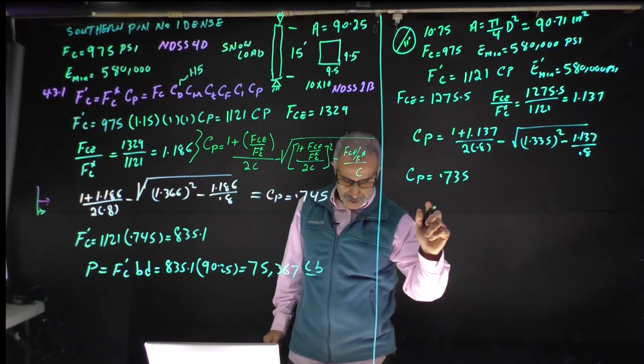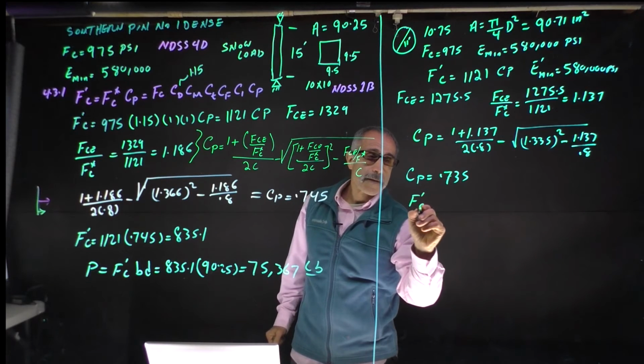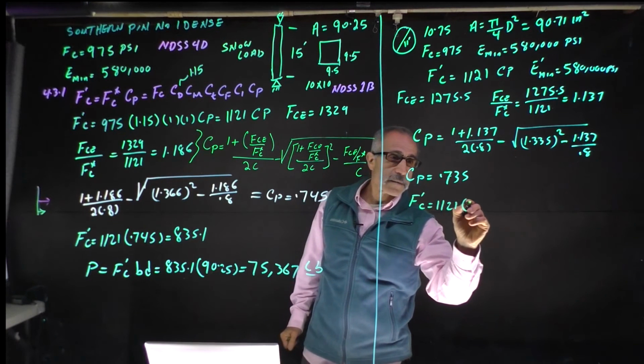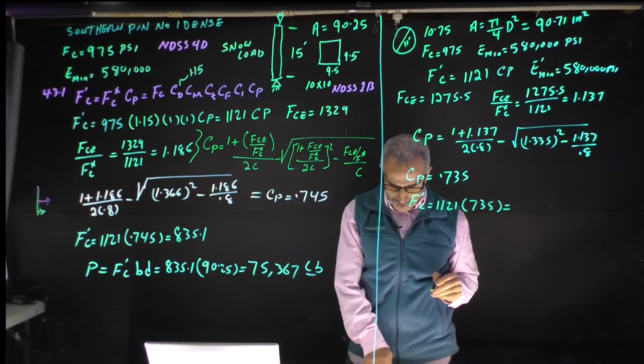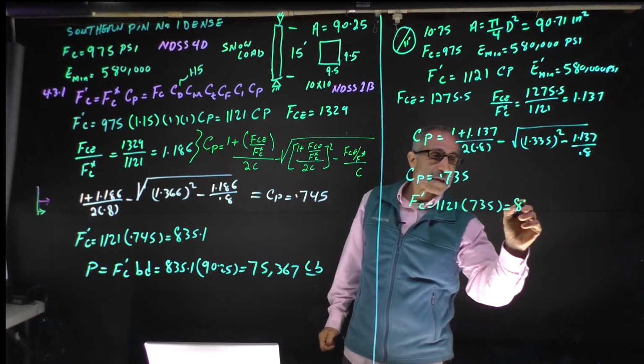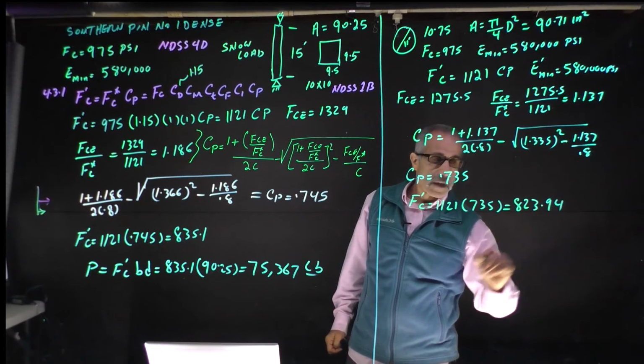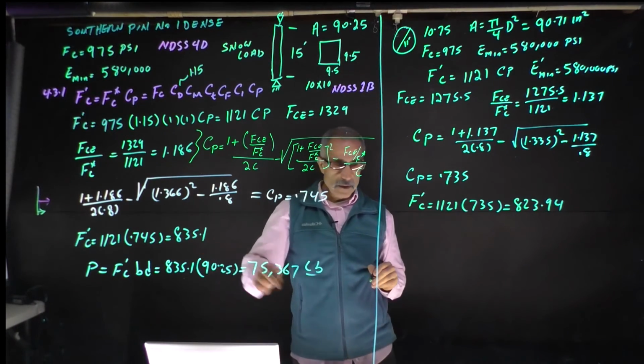So we're going to say F'c comes out to 1121 times 0.735, and that will give me 823.94. Very similar.